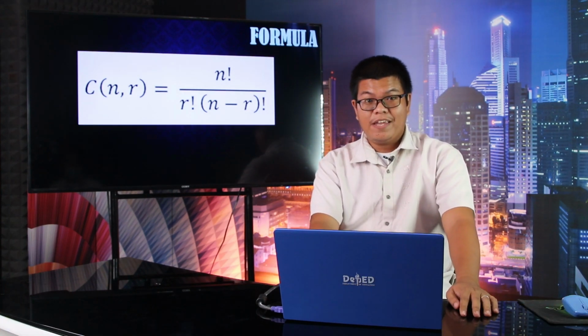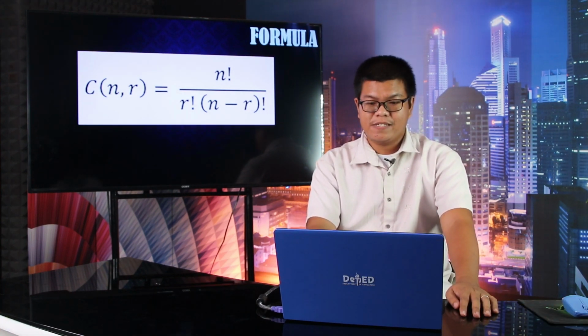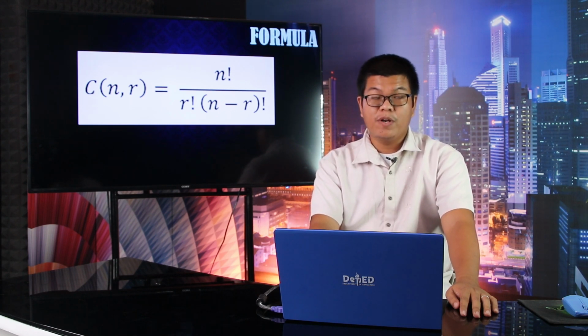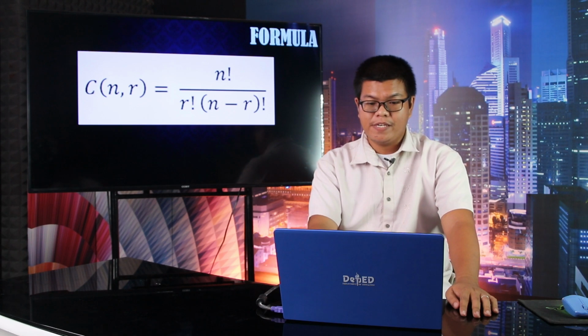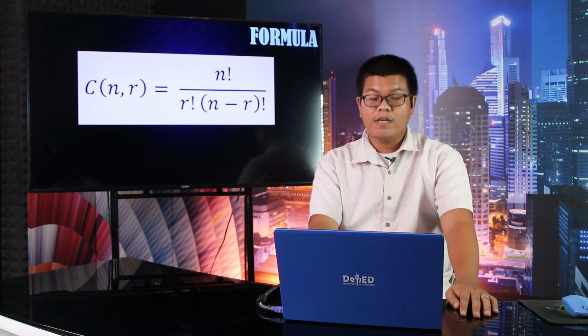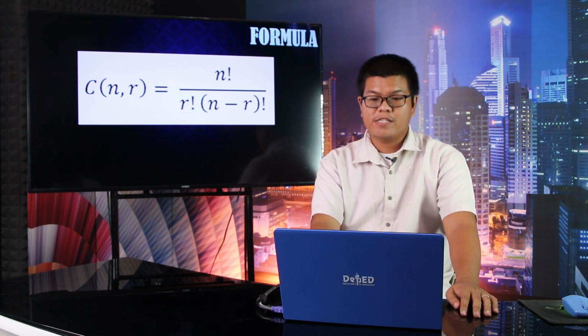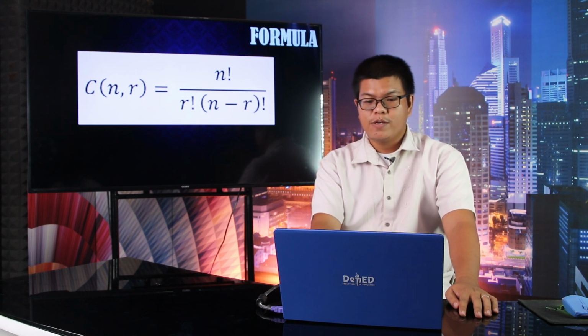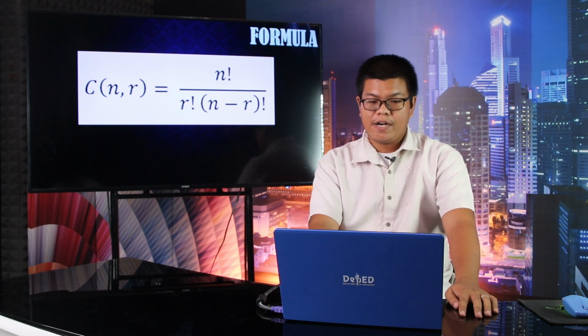Capital letter C, open parenthesis, small letter n, comma, small letter r, close parenthesis, equals, small letter n, exclamation point, over, small letter r, exclamation point, open parenthesis, small letter n, minus, small letter r, close parenthesis, exclamation point.